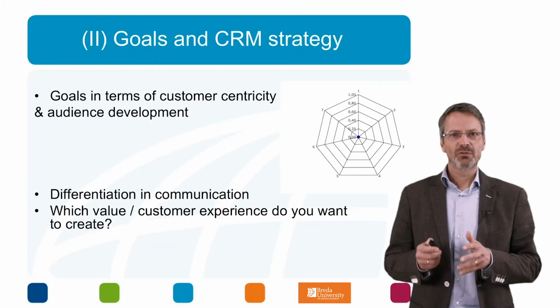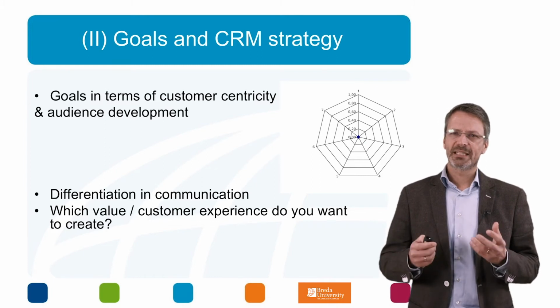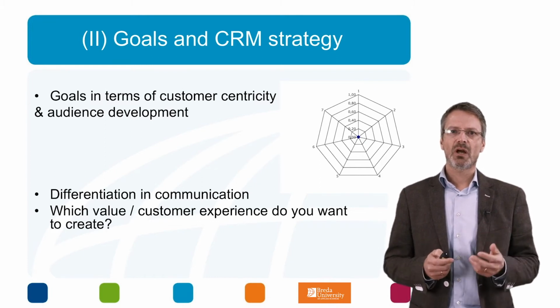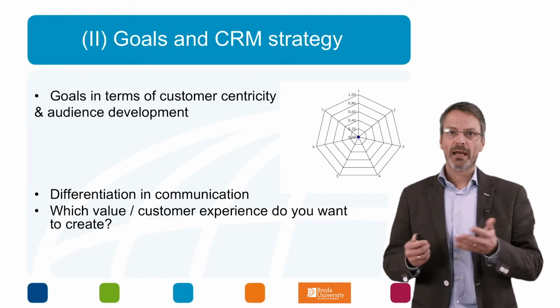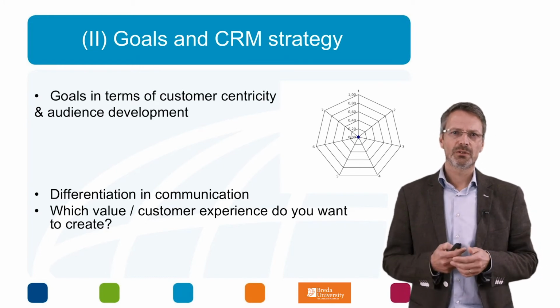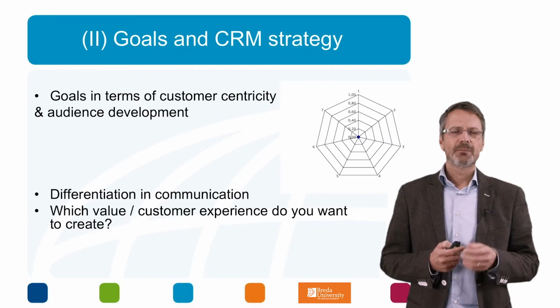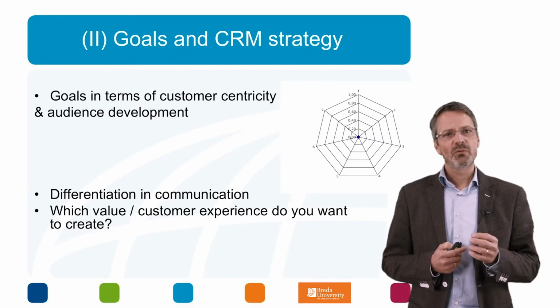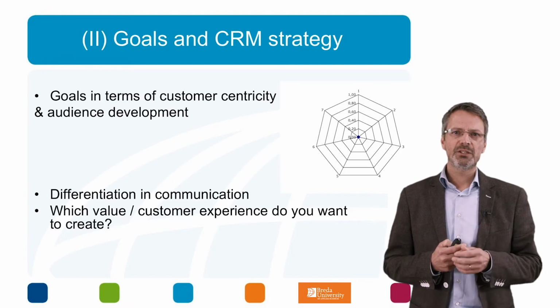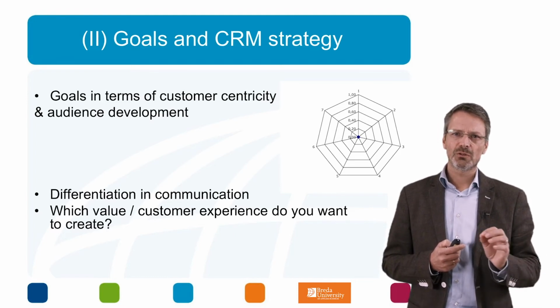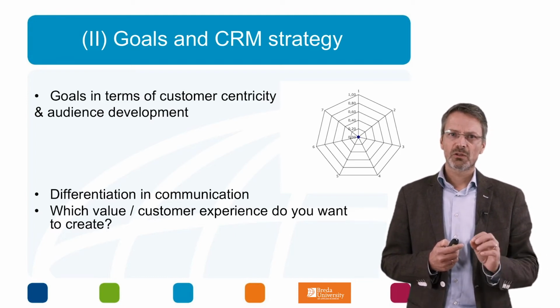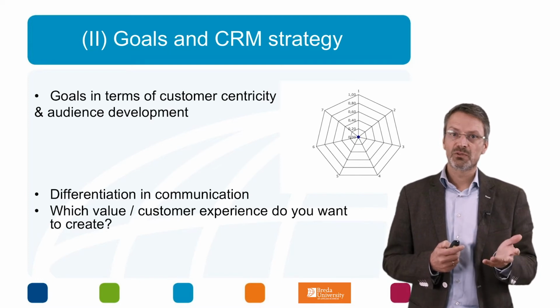Second step is to think about goals. What actually do you want to reach in terms of customer centricity and in terms of audience development? So in terms of customer centricity, what do you want to reach in terms of differentiation of communication? Do you really want to go to one-to-one communication, or is that a step too far?